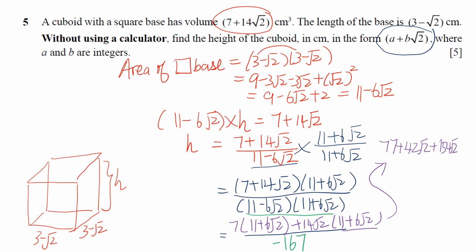Then 14 times 6 times square root 2 times another square root 2. That gives you 168 over negative 167. Alright, so we need to take 168 plus 77 to give you 245.